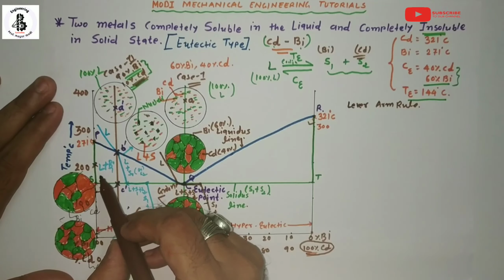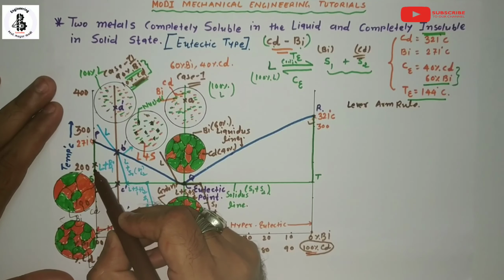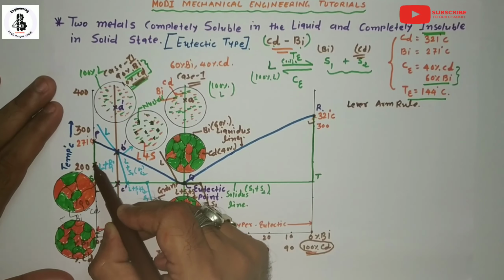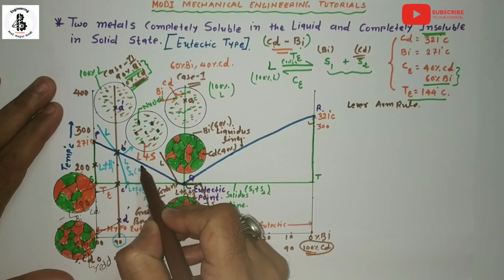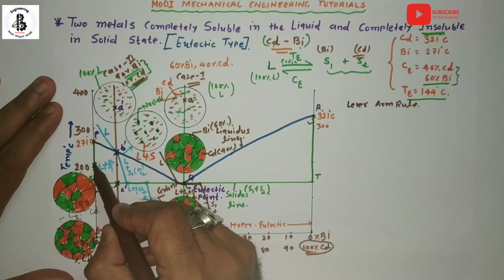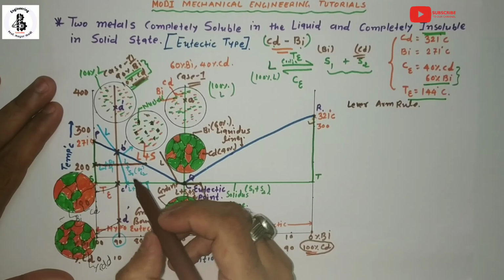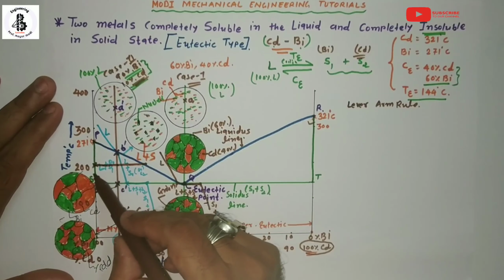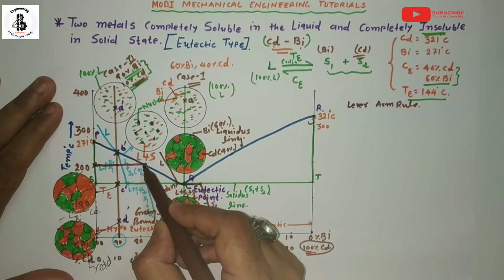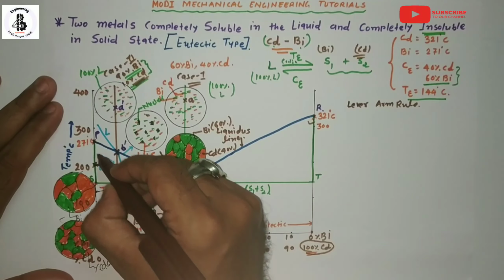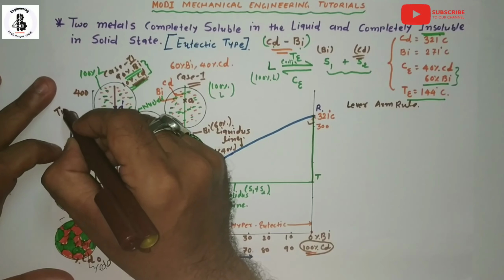You can make one horizontal line passing through the solidus line, the composition line and the liquidus line. This line, which passes through the solidus line, composition line and liquidus line, is known as a tie line.